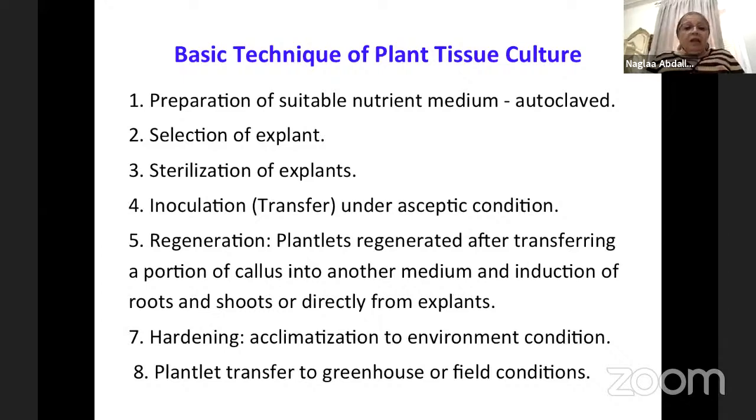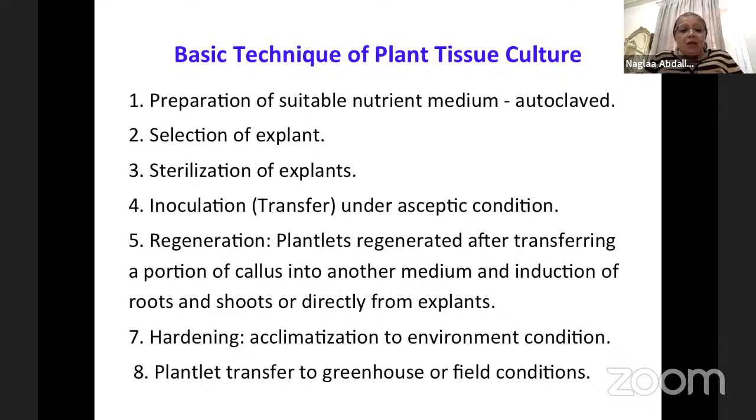So the basic technique is to prepare a suitable nutrition media, autoclaved of course, so we don't have any contamination. Select the type of explant according to the species we're going to use, and even sometimes within the strain itself, one can have a better genotype than the other. So we can select the explant.